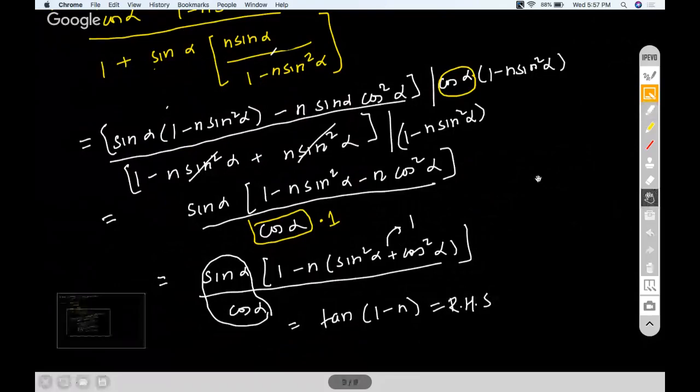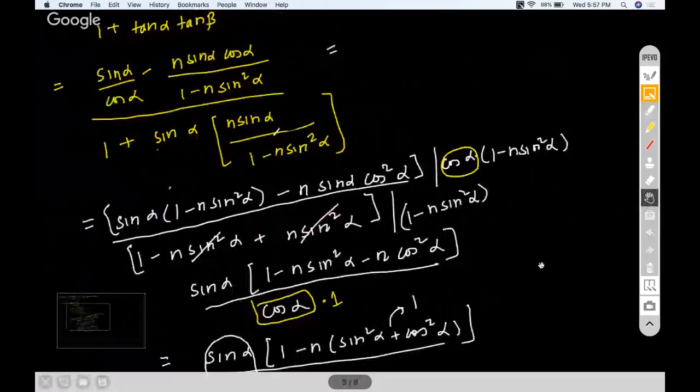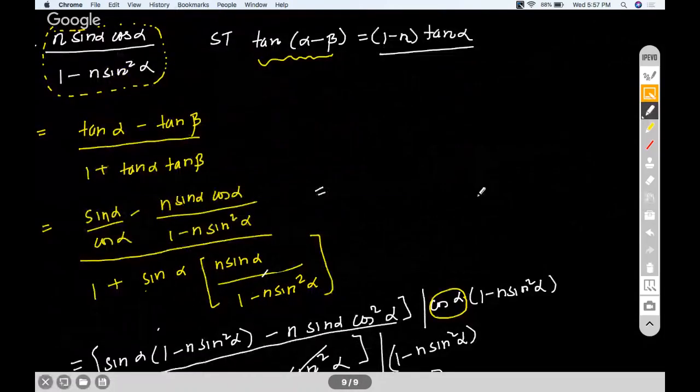So this is what we wanted to prove over here. We wanted to prove that it is 1 minus n tan alpha. Is that clear?